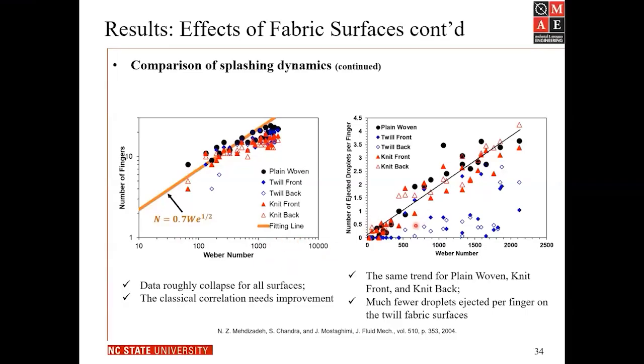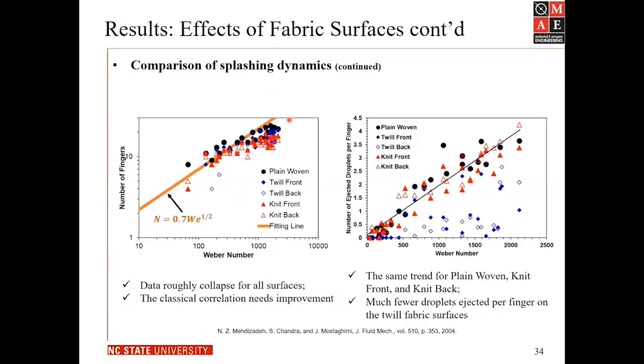But for the number of ejected drops per finger, we get a somewhat different dependence. For the knit and for the woven, plain woven, we get this behavior, a nice, more or less straight line with Weber number, where for the twill fabric, the number of satellite drops is approximately half the number of fingers.